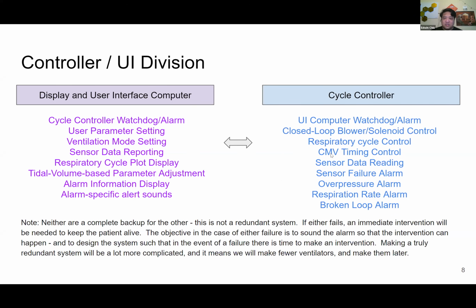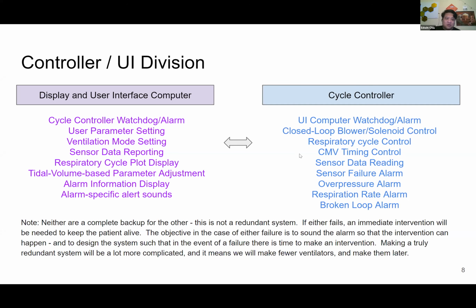This is that timing control, the continuous mandatory ventilation. That's if the patient doesn't breathe on their own, there's a minimum amount of breathing that the machine will do, and that's handled here on the cycle controller. The sensor data reading and sensor failure alarm, so this is the real-time monitoring of the sensors. The overpressure, respiration, and broken loop alarm, we all expect that to happen on the cycle controller.